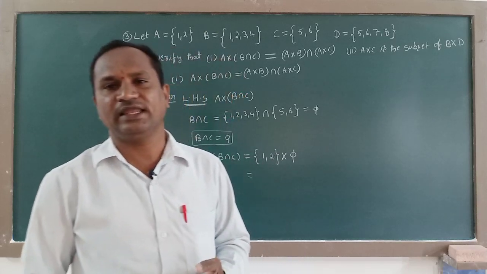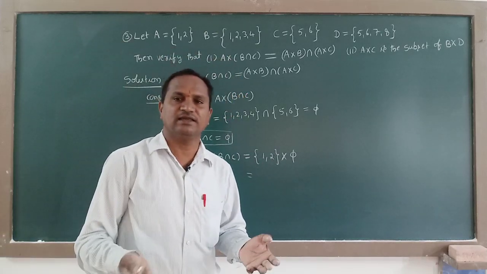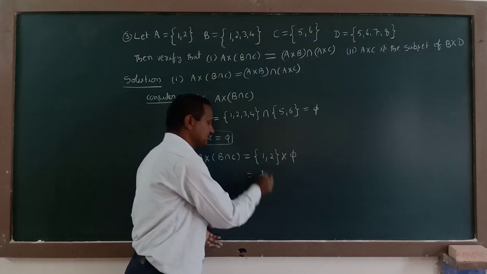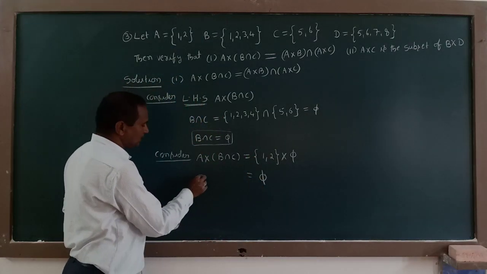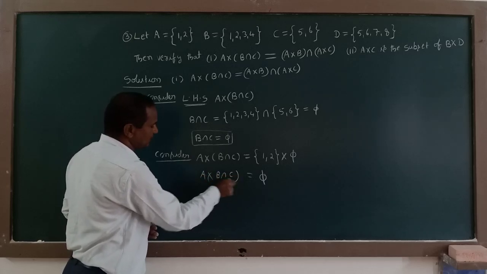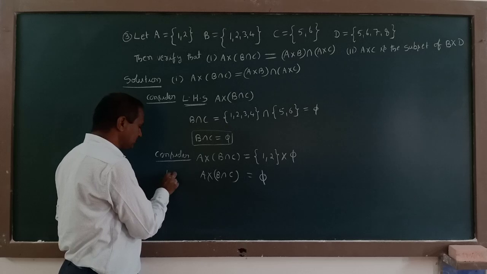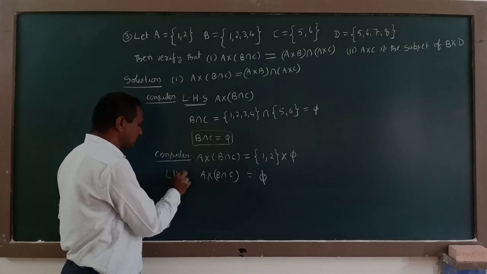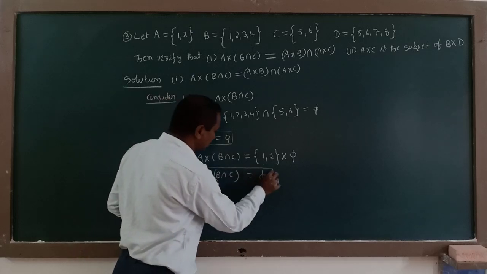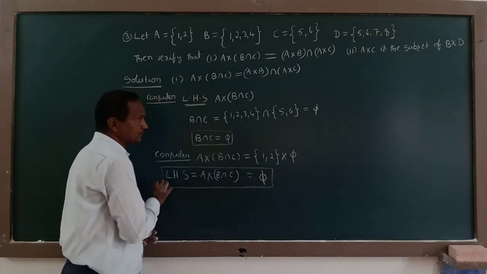If we are not getting any ordered pair, that is a null set, the set doesn't have any elements. That's why A cross of B intersection C is equal to the null set. So the left hand side part is the null set.